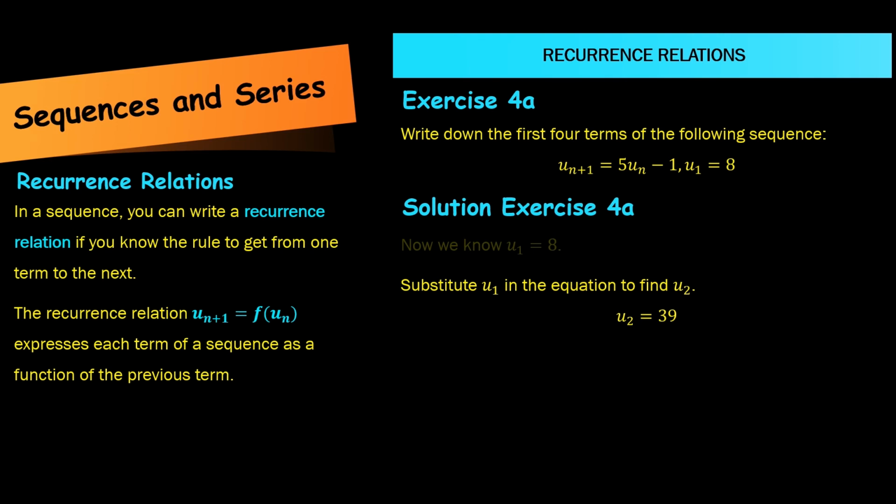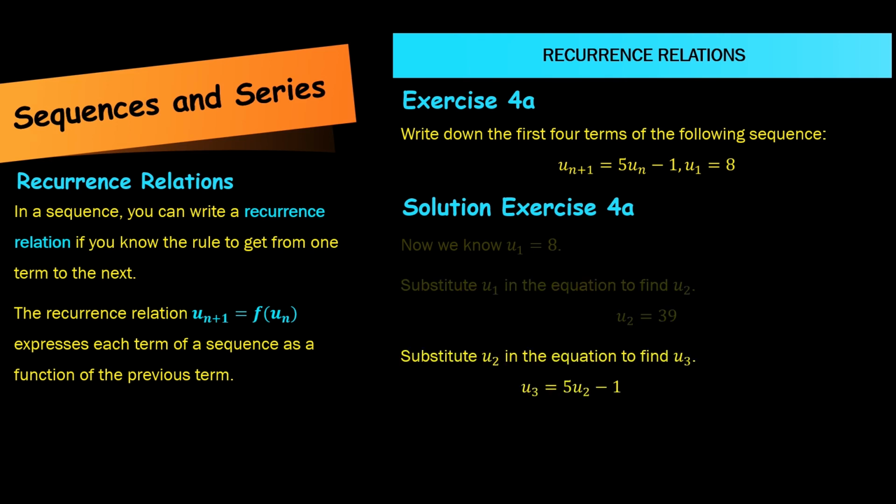And now we substitute u2 in the equation to find u3. Here we've put n equal to 2 to give us the equation u3 equals 5u2 minus 1. We know that u2 equals 39, so plugging this in gives us 5 times 39 minus 1, which is equal to 194.